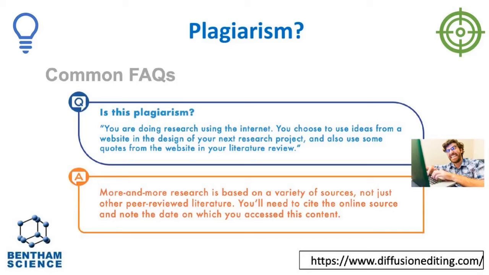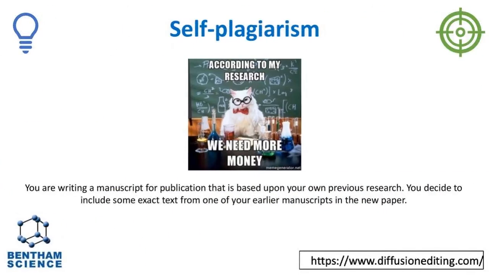You'll need to cite the online source and you'll need to note the date on which you accessed that content, because again, you'll get caught by a journal, as we'll talk about in a minute, if you don't. So even online data searches, even online information sources have to be correctly attributed, have to be correctly cited in your own work.